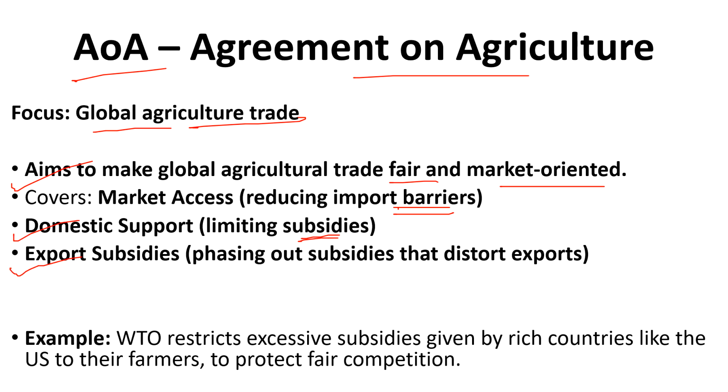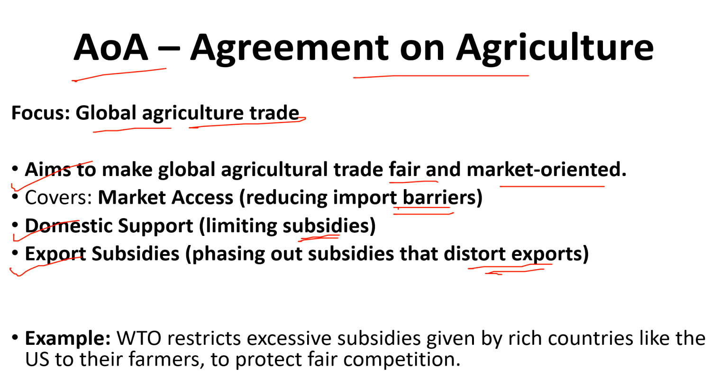Then export subsidy is also there, phasing out the subsidies that distort the exports. And if any other subsidies or policies are limiting the exports or the imports, AOA, Agreement on Agriculture, is the agreement which is giving the free flow of that.